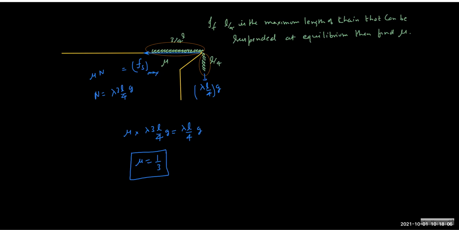Okay, so you may get a question like this. The chain can create something nice, a problem something like this, in a box.